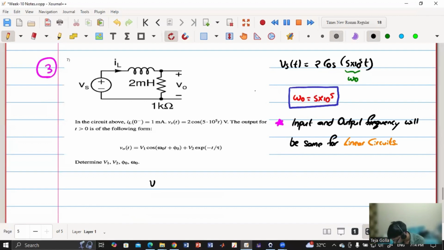Vs of t is equal to VL of t plus VR of t.